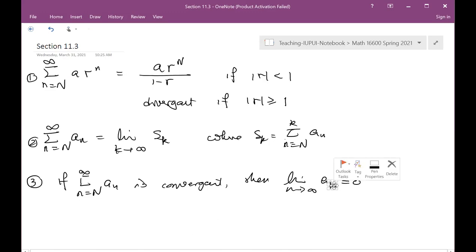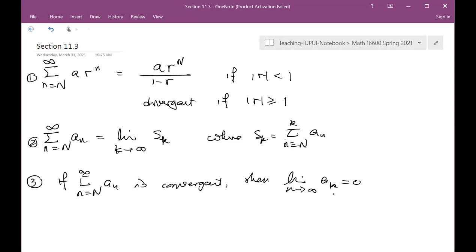You can only use that to prove the series is divergent. In case the limit is not 0, or maybe it doesn't exist, then you can say that this series is divergent. So this is what we learned.